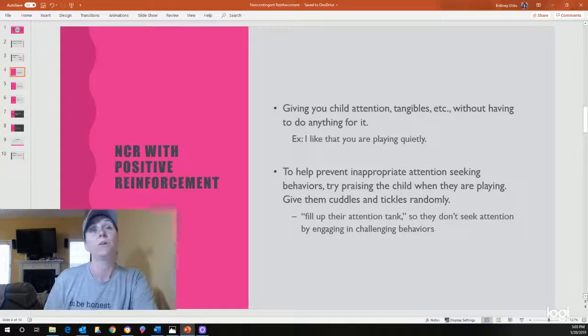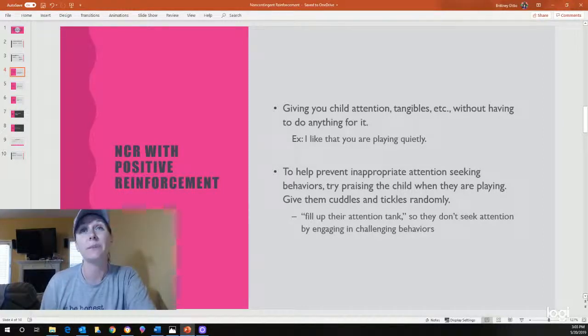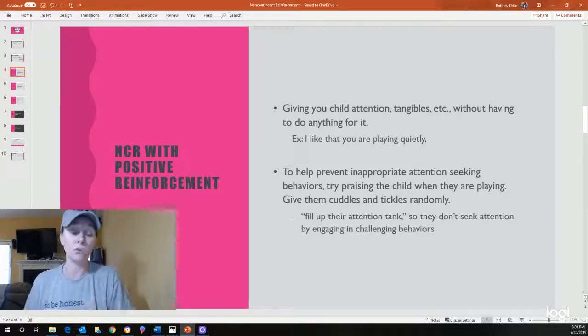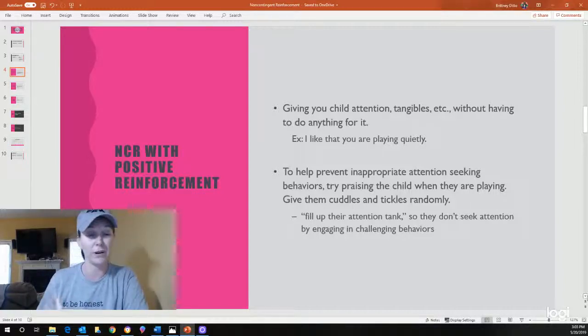So we would be giving the child attention free of charge, randomly. And this would also act as a way of decreasing problem behavior that is associated with seeking attention.